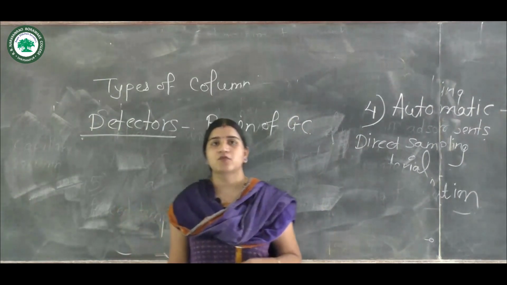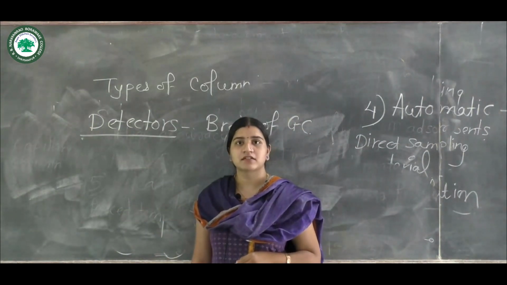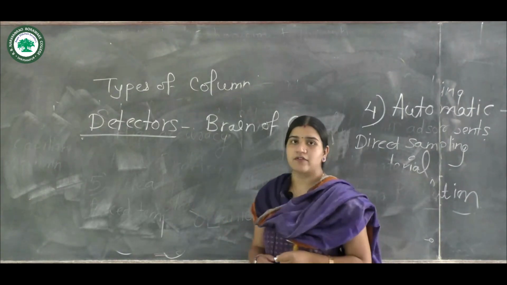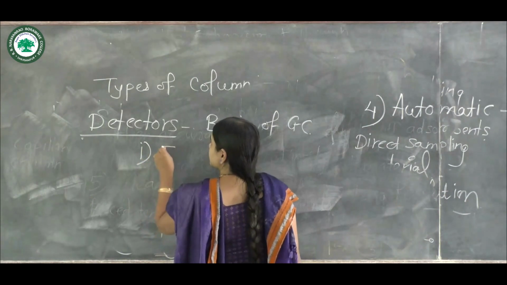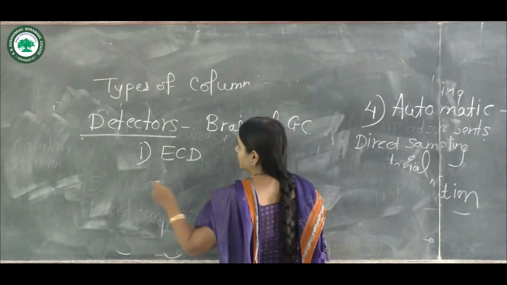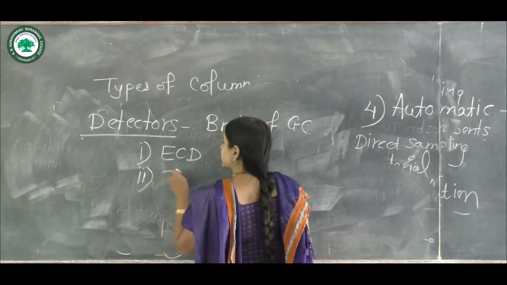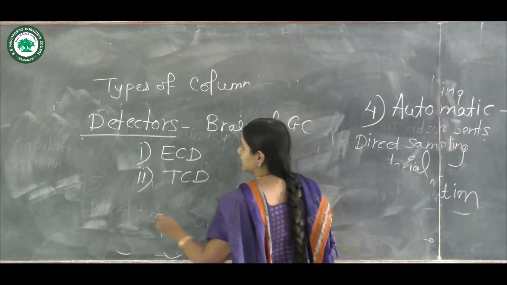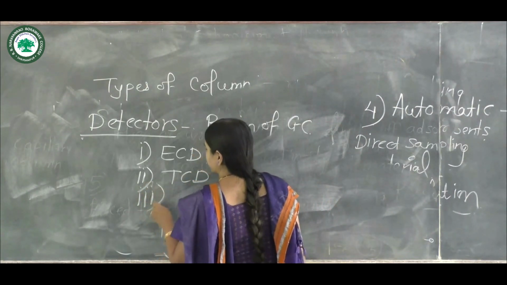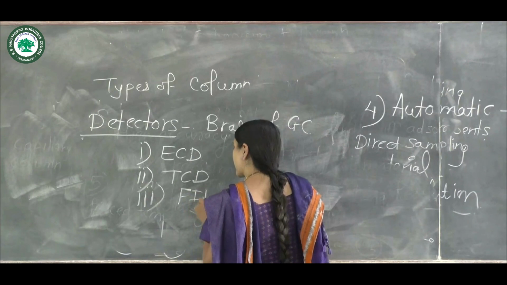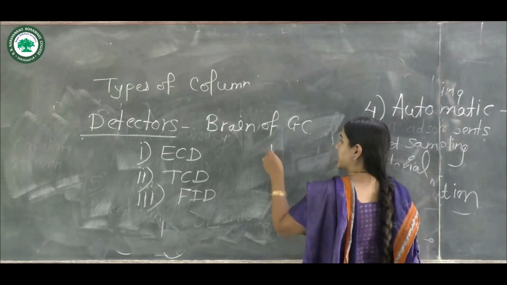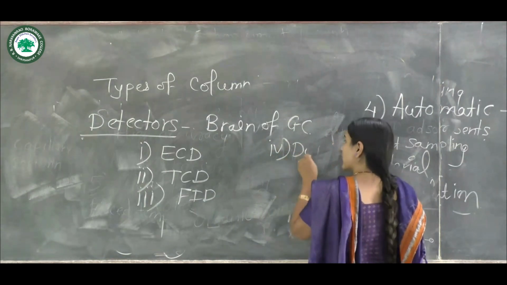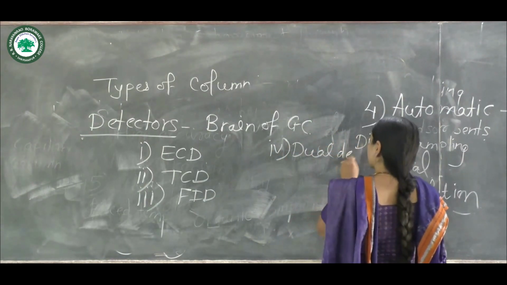There are different types of detectors in gas chromatography. The first type of detector is the ECD, that is, electron capture detector. Second is the TCD, that is, thermal conductivity detector. Third is the FID, that is, flame ionization detector. In some cases, a dual detector is also used.